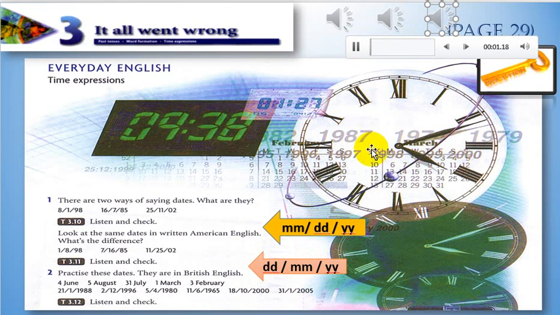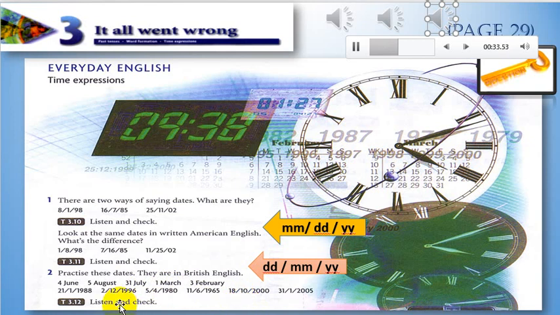Tape script 3.12. June the 4th. The 5th of August. The 31st of July. March the 1st. February the 3rd. The 21st of January, 1988.